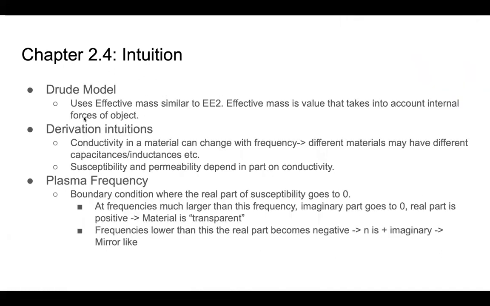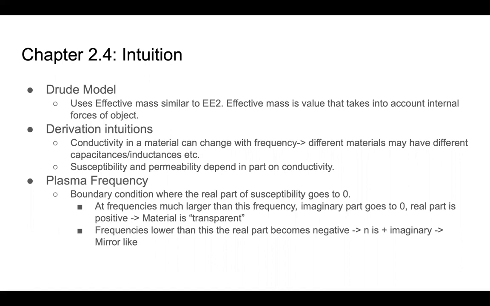And then in chapter 2.4, they kind of expand on effective mass and those ideas from EU2. And basically the conductivity in a material can change with frequency. The intuition behind that is, different materials might have different capacitances and inductances.